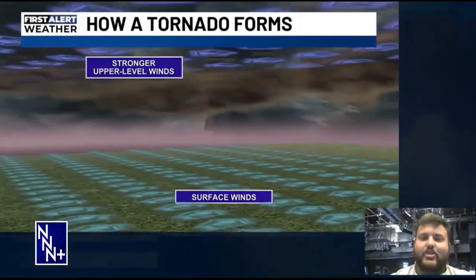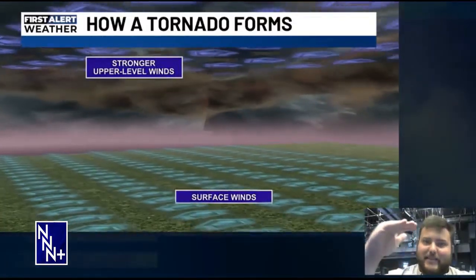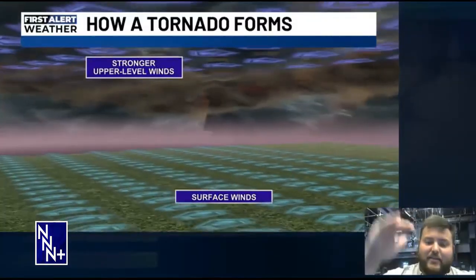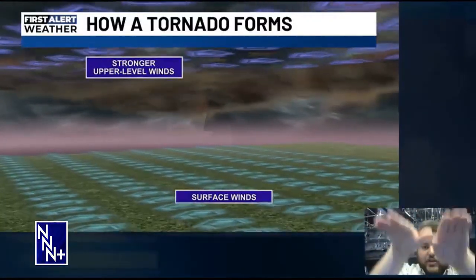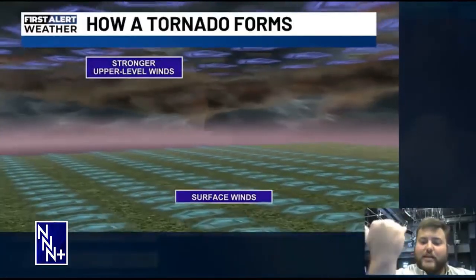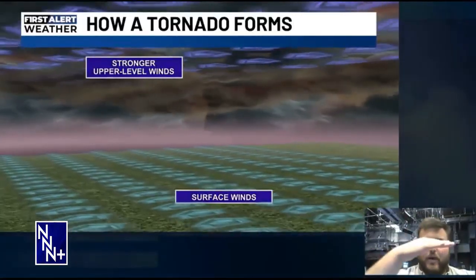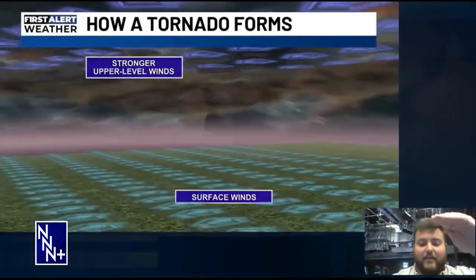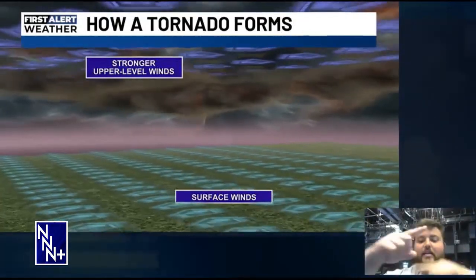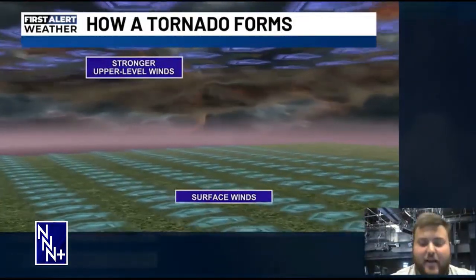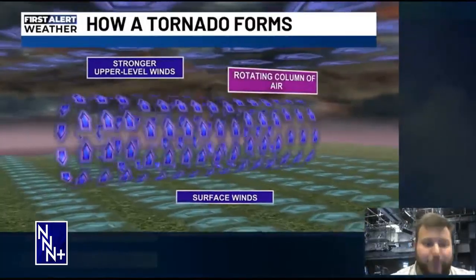Wind shear is a change in direction and speed with height. So the higher or lower you go within the atmosphere, the wind changes direction, it changes wind speed. At the surface it's going one way, but at the upper levels it's going a different way and a different wind speed. You need that in order to start the rotation process when it comes to a tornado.